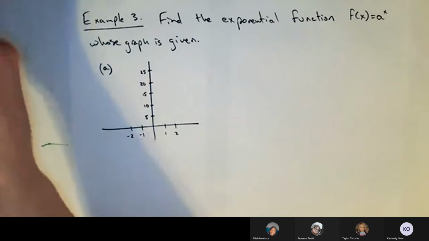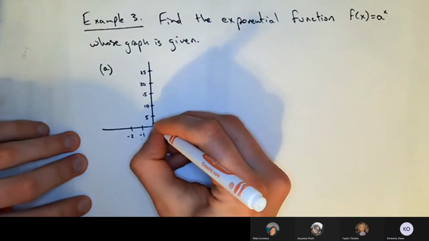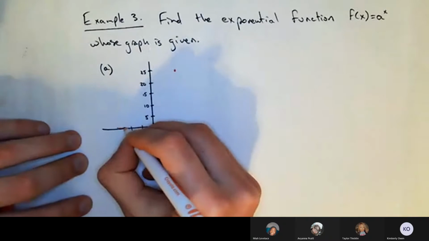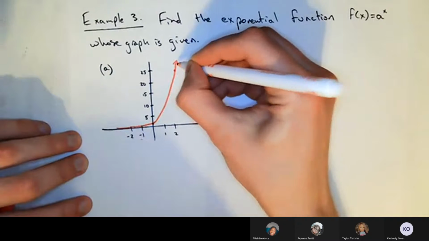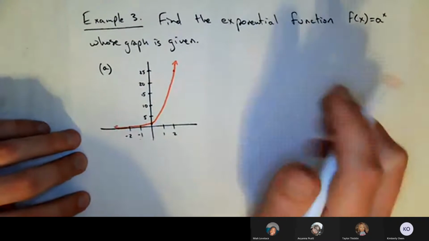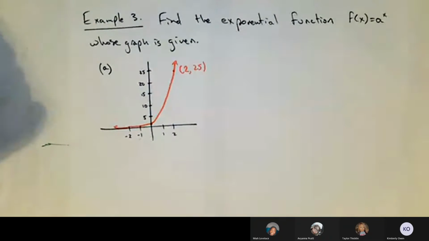And let's say that it goes through 0, 1 as usual, and then it also goes through 2, 25. Knowing that it goes through 0, 1 is not helpful because they all go through 0, 1, but knowing that it goes through 2, 25 is helpful.